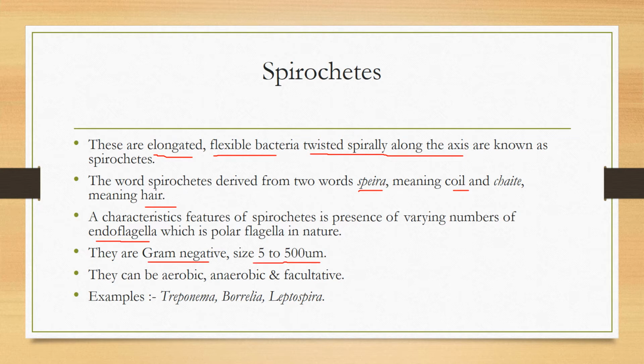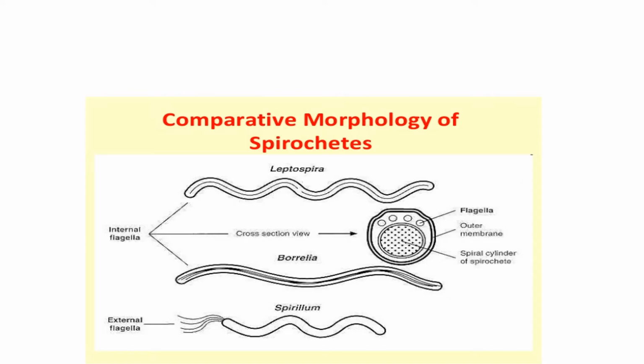They can be aerobic, anaerobic, and facultative. Examples of spirochetes are Treponema species, Borrelia species, and Leptospira species. This is the comparative morphology of spirochetes: this is the Leptospira, this is the Borrelia, and this is Spirillum.